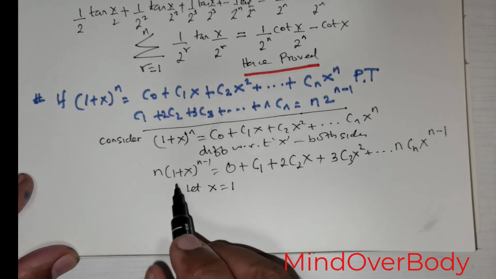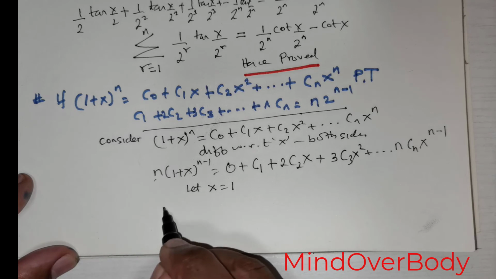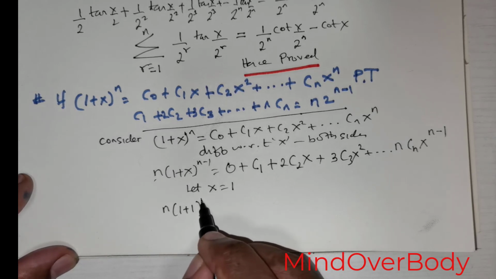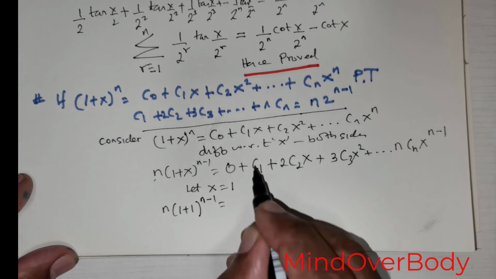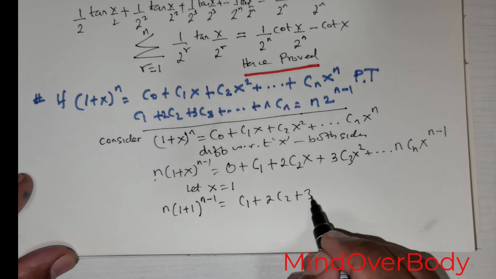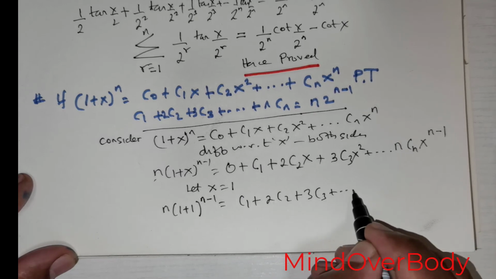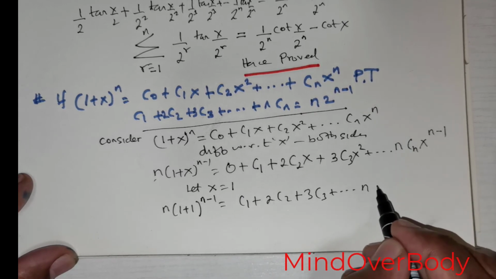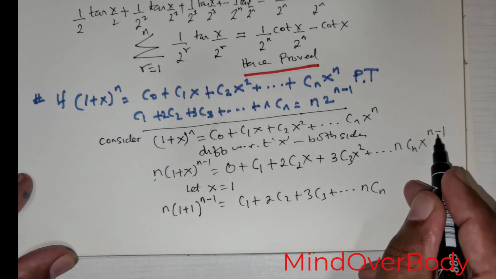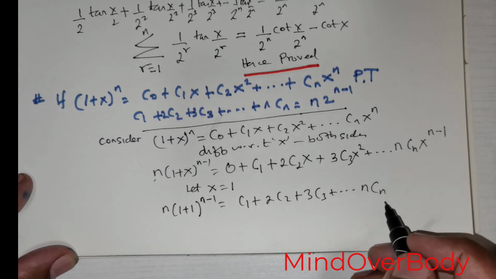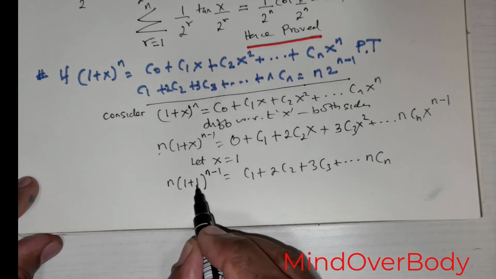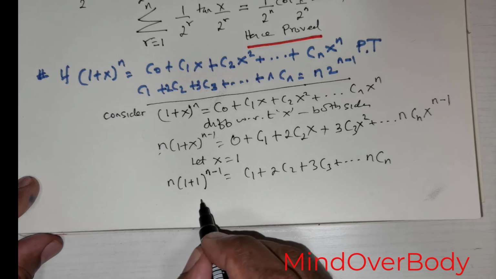If I were to take x equal to 1, this is going to give me n times 1 positive 1 raised to the power of n negative 1 is equal to c1 plus 2 times c2 plus 3 times c3 plus etc. n times cn, with x equal to 1. So 1 raised to the power of n minus 1, that's going to give me 1. Now go to the left hand side. What do you get? 1 added with 1, that's going to give me 2.